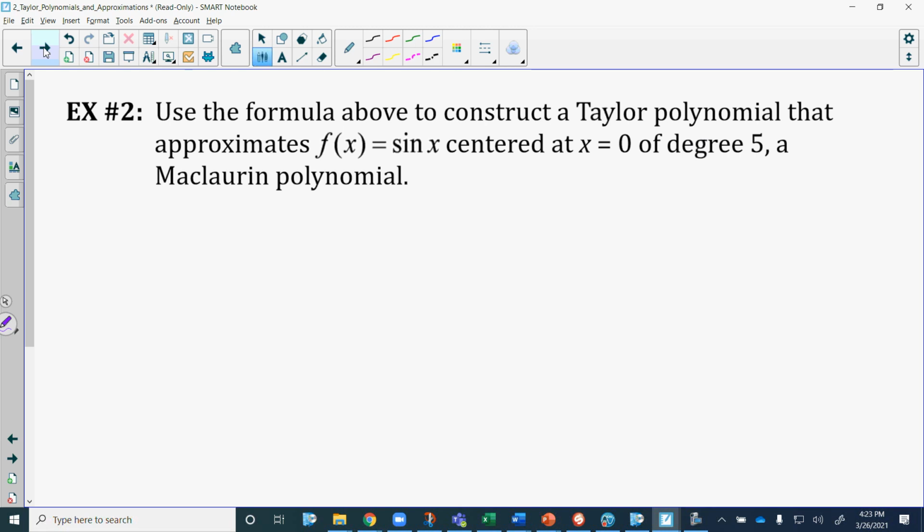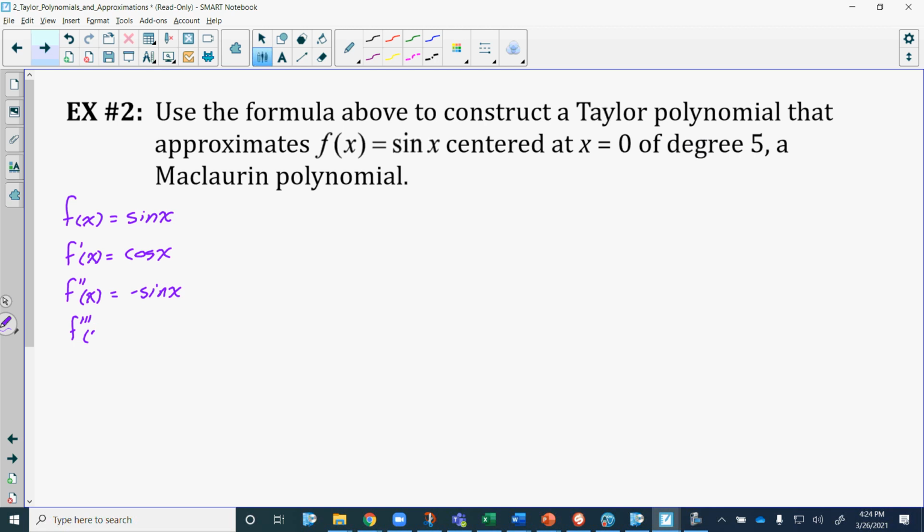Because it's a degree 5, f of x is sine of x. F prime of x, the first derivative, will be cosine of x. The second derivative will be negative sine of x.